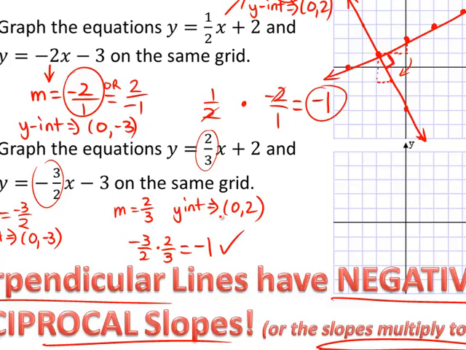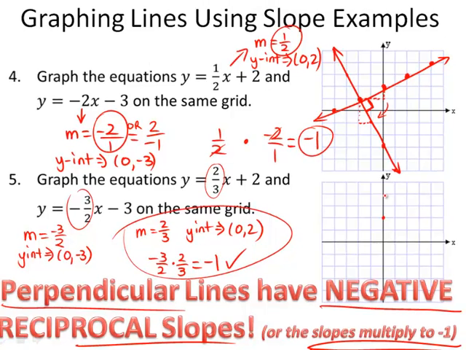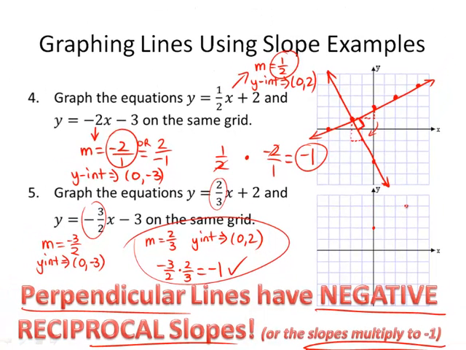And let's try it out. Let's graph the first one. So the first one, we start at 0, 2 and travel up 2, right 3 or down 2, left 3. And the second one, we start with 0, -3 and travel down 3, right 2 or up 3, left 2.